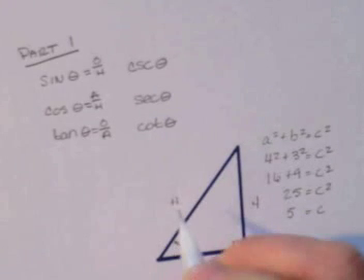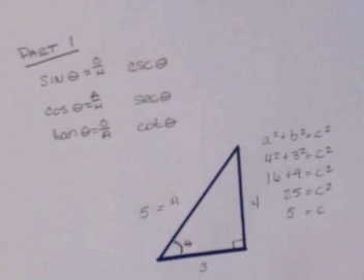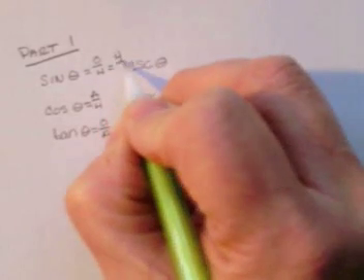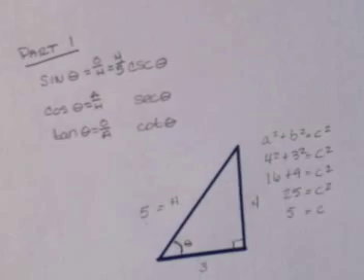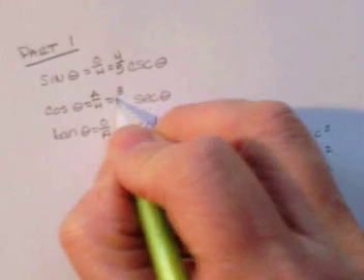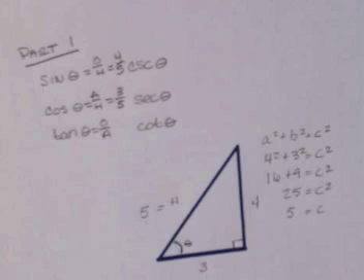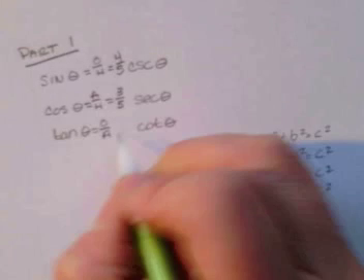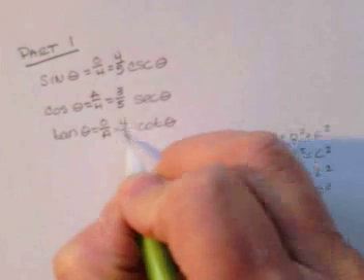So my hypotenuse has a length of 5 units. Now I can calculate my sine, which is 4 over 5, and my cosine, which is adjacent over hypotenuse, or 3 over 5. My tangent is opposite over adjacent, so that would be 4 over 3.